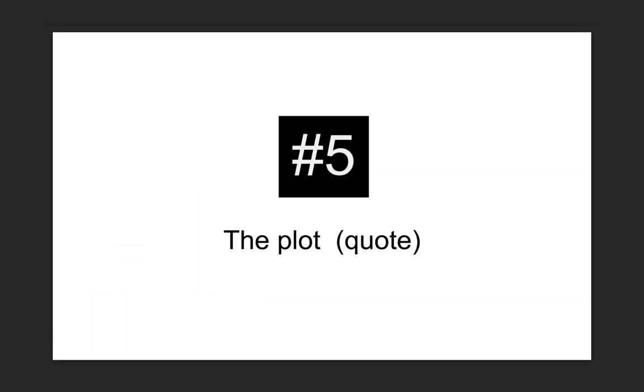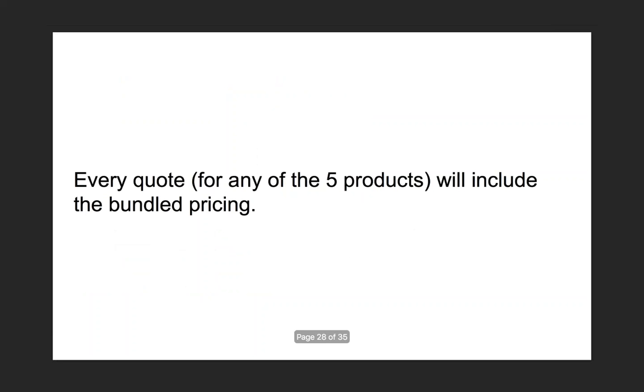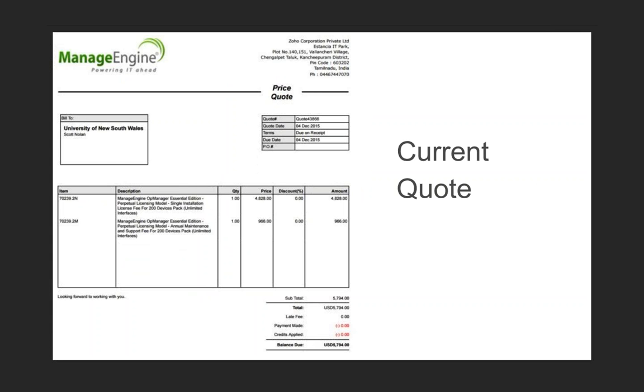And finally, the quote. Earlier, if a customer asked you for any standalone product, let's say OpManager, we would send the quote for OpManager or NetFlow separately. This is the current quote which we send from our side.